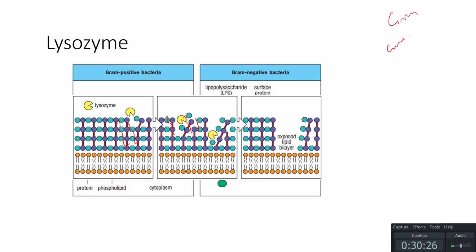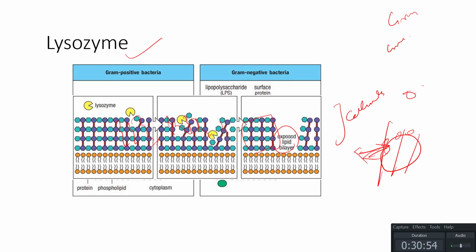Lysozyme destroys the cell wall system, especially the exposed layer. Once the cell wall is not there, the cell is easily exposed to any other defense system and will be destroyed. Pores will form, and due to those pores, everything will be cleared.